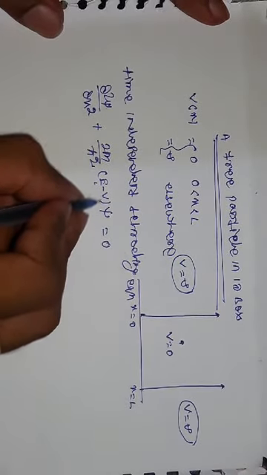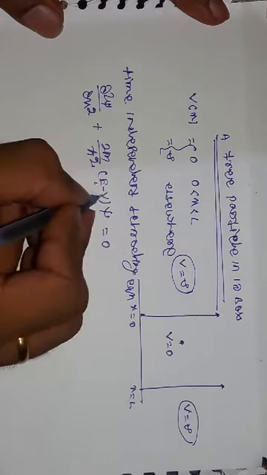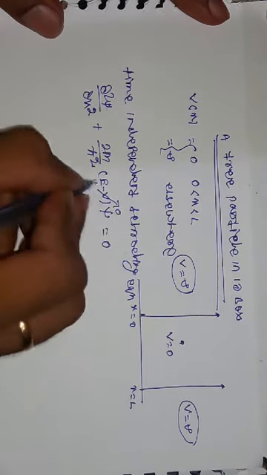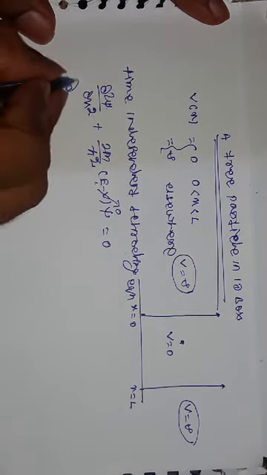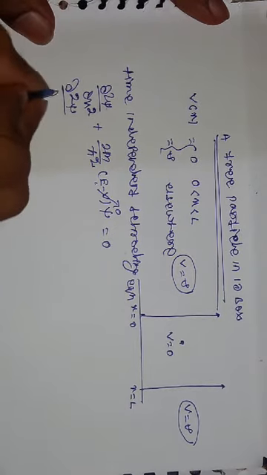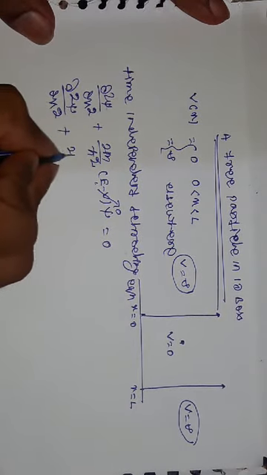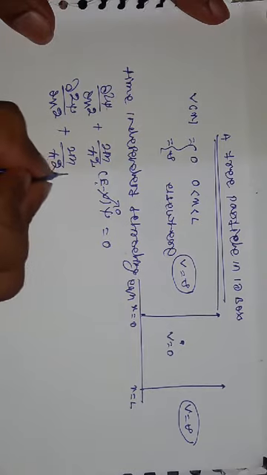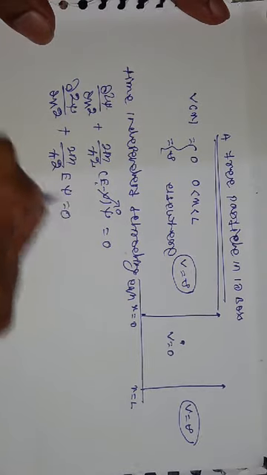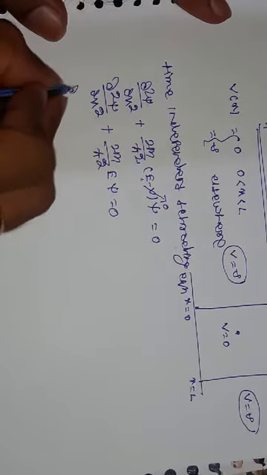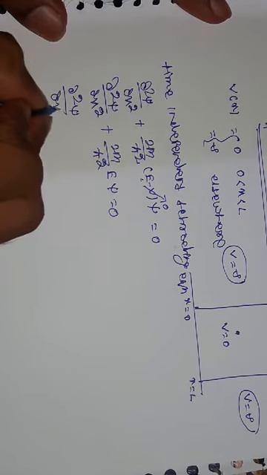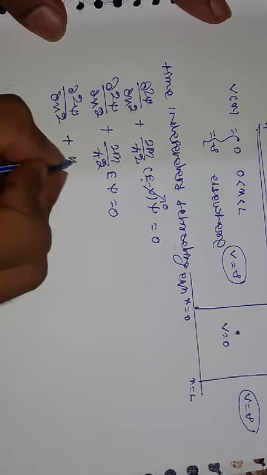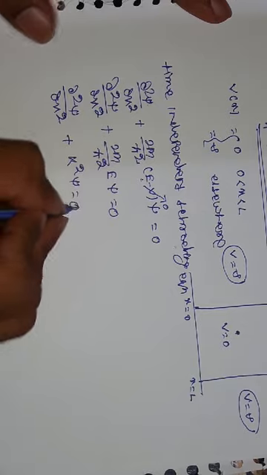Inside the box the potential becomes 0, so the Schrodinger equation becomes d square psi by dx square plus 2m E by h cross square psi is equal to 0. This equation can be written as d square psi by dx square plus k square psi is equal to 0.